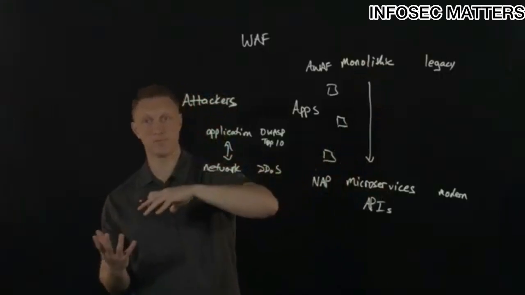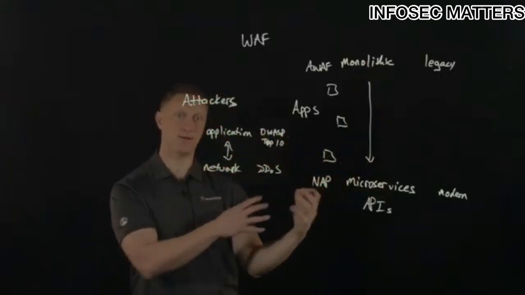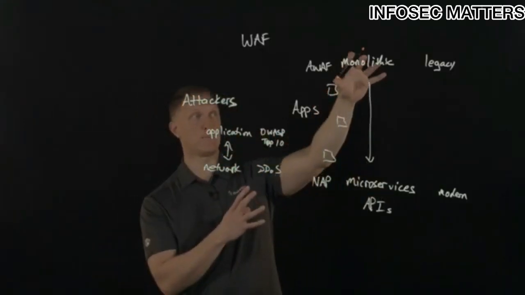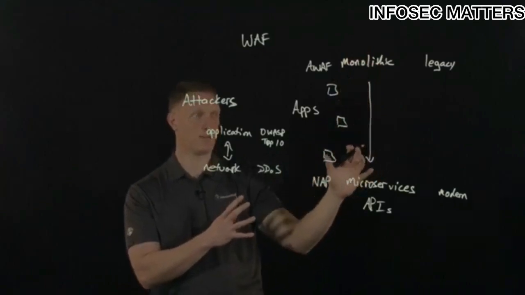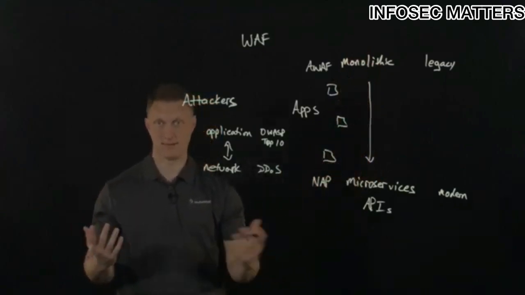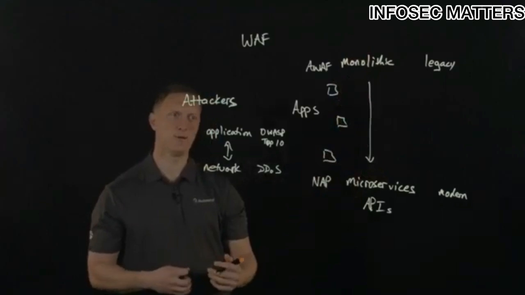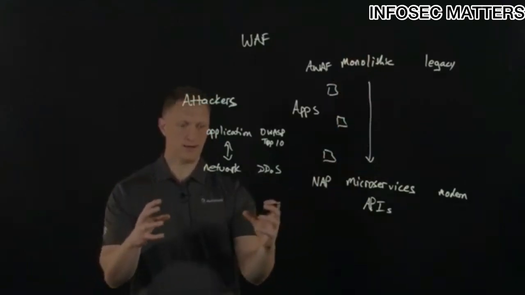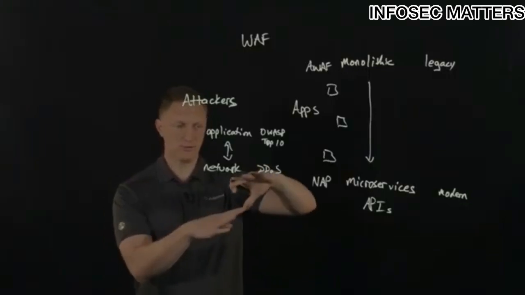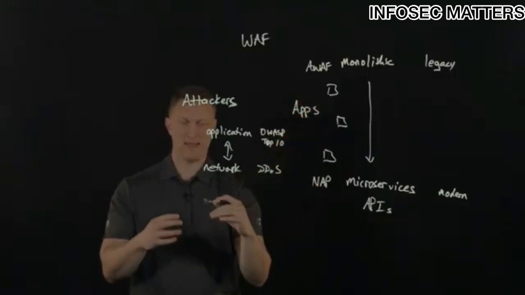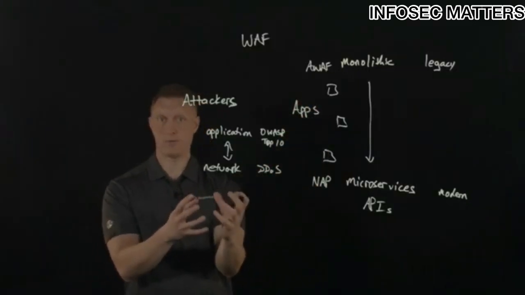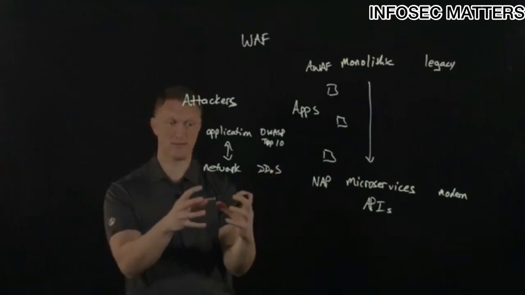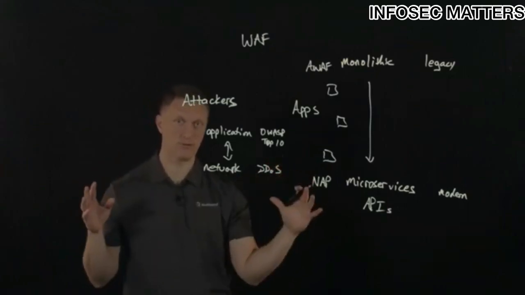So it may be true that you're moving your applications from monolithic to microservices, and from on-prem to the cloud. You're moving along this path as a business. You may want a security front door into your application world, and that front door could have a web application firewall policy in place to catch all the general stuff.